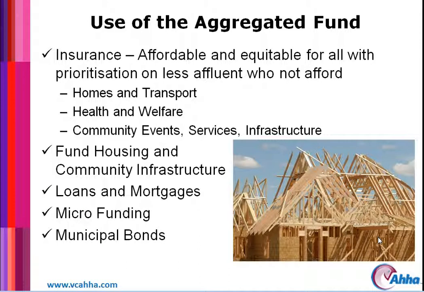So money from the aggregated fund is being used to invest in houses and community infrastructure. When you buy your raffle ticket, you do your tipping competition, your money goes into the aggregated fund. The aggregated compounding interest is going back to grassroots, and the excess money on hand at any given time can be used for, and is starting to be used for, housing and community infrastructure.